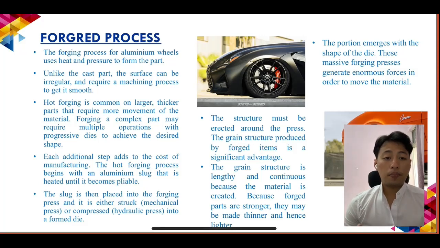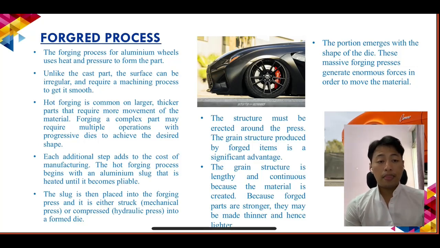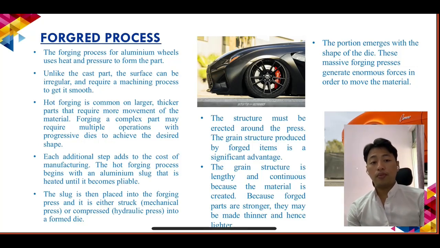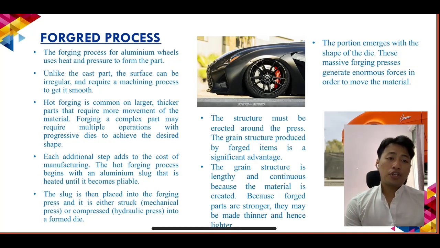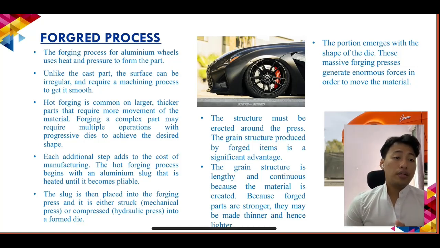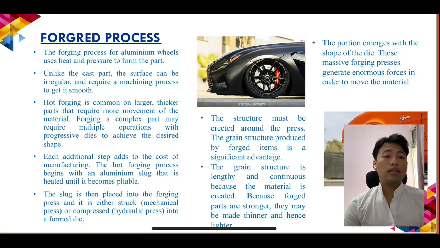Next, the slug is placed into the forging press, either a mechanical press or a hydraulic press, into a form die. The forging process generates enormous pressure in order to move the material.